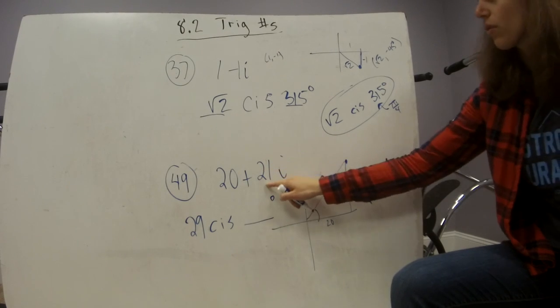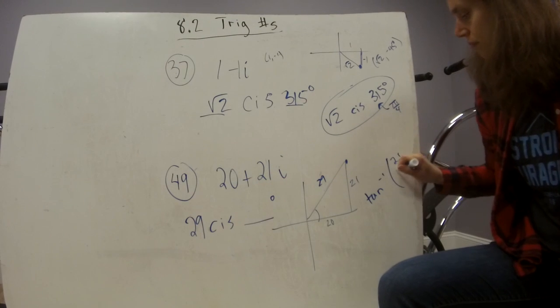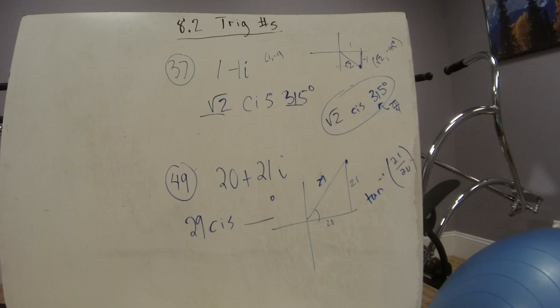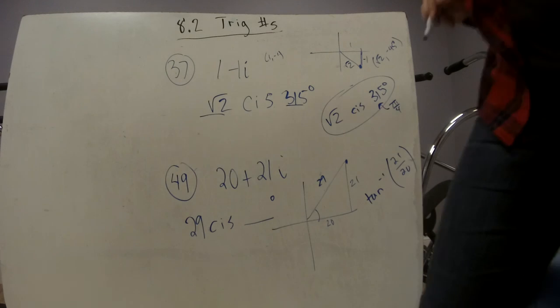Do tan inverse of the y part over the x part, right? So tan inverse of 21 over 20. So I'll type that in really quick as well. Tan inverse of 21 over 20 is 46.4 degrees.